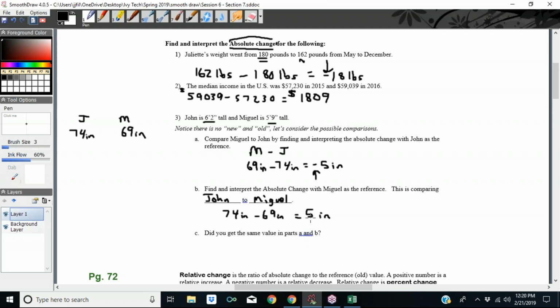That means that John is 5 inches taller than Miguel. And he wants to know if we got the same value. What do you think? Correct. The values are different. So the absolute value is the same, but the value is different. One is positive 5 inches, one is negative 5 inches. So no, the values are different.